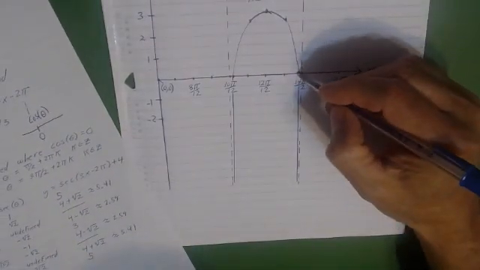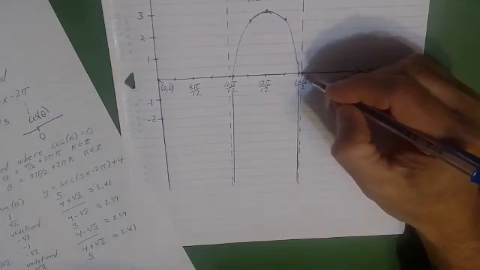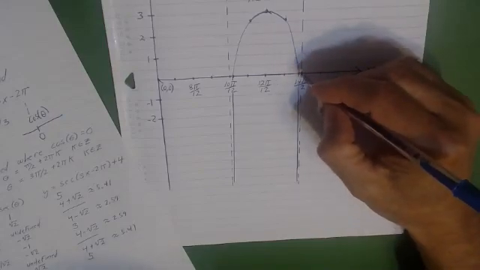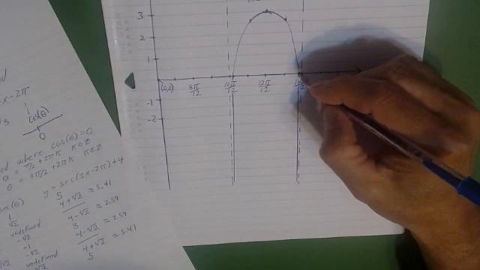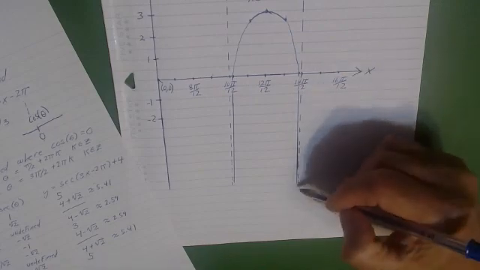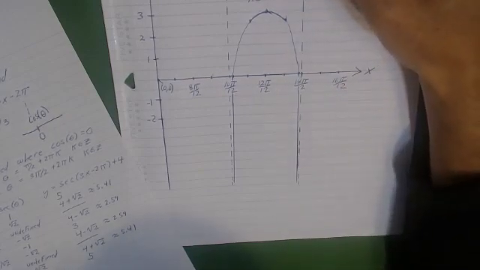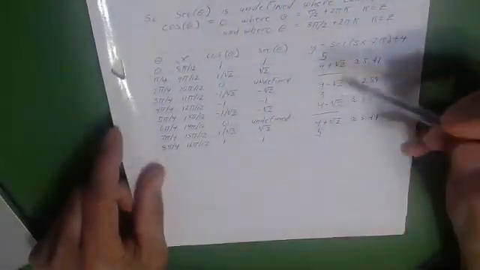So as we get right at this point, it's undefined. We don't know what it is, but very close to this point, to the left of it, is a huge negative number, right? The closer to this point, the more negative it is. And just to the right of this is a huge positive number. So that's what we're showing there.